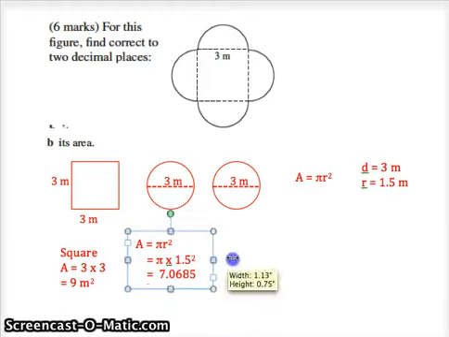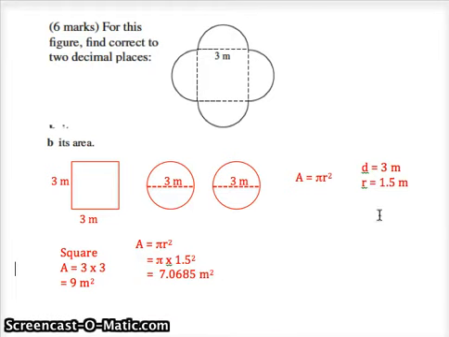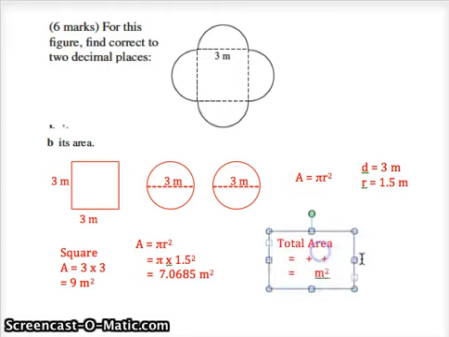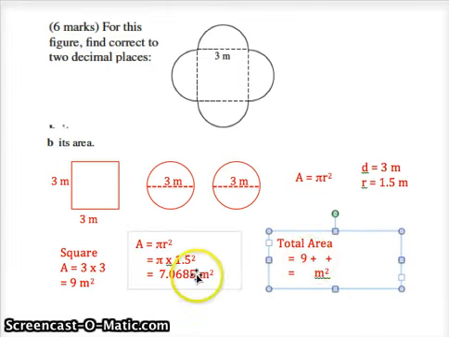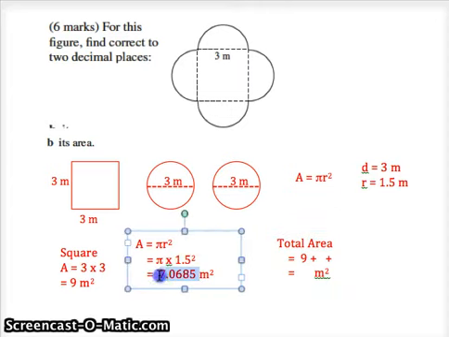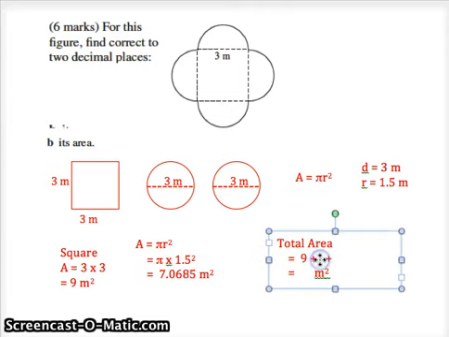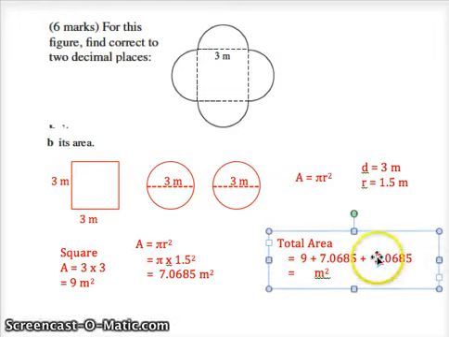Now we've actually got 2 of those, so our total area is going to be 9 plus 7.0685 twice. So you can do times 2, or you can just add it in twice, which is what I'm doing here. And we can just work that out on our calculator now.